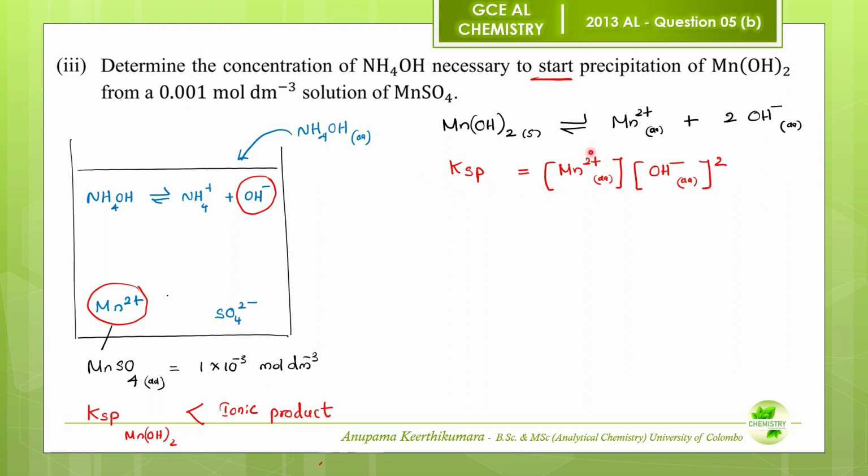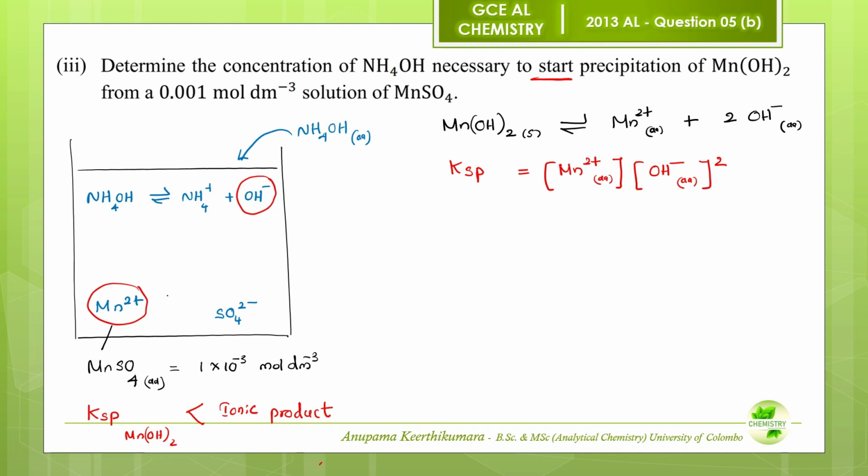Then the concentration of manganese 2 plus. We know the concentration of manganese sulfate. Therefore, the manganese 2 plus concentration is the same. Therefore, we can calculate the minimum concentration of OH minus ions to start this precipitation.